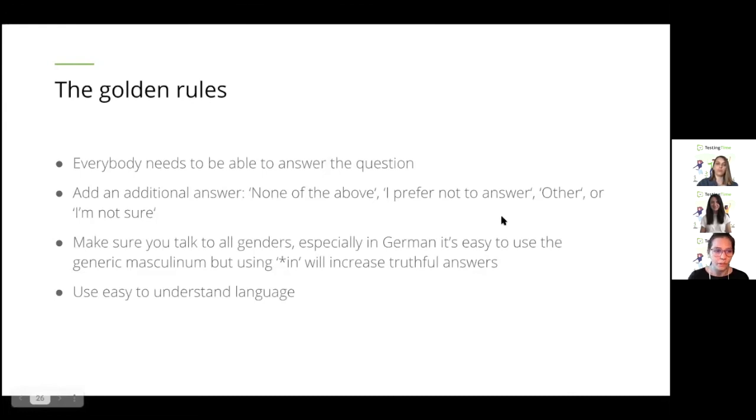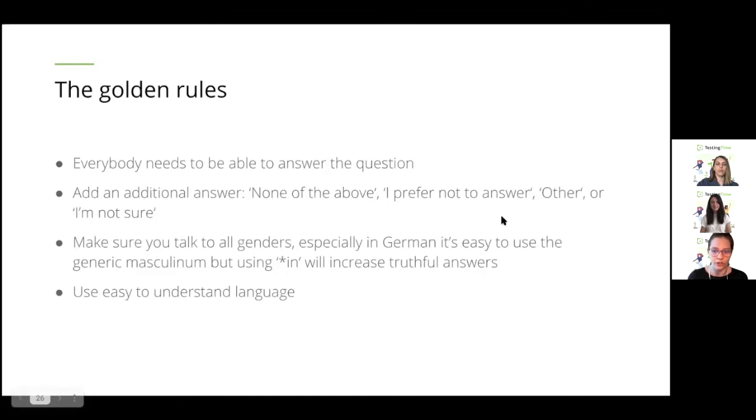One easy way to do this is to add an additional answer such as none of the above, I prefer not to answer, other, or I'm not sure. This is just an exit for people that are not sure, so they can exit the question or the screener. Then make sure you talk to all genders.